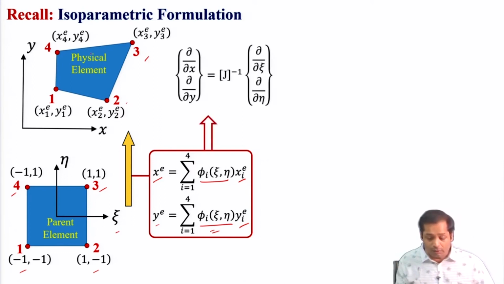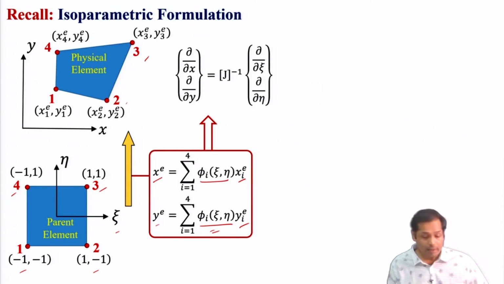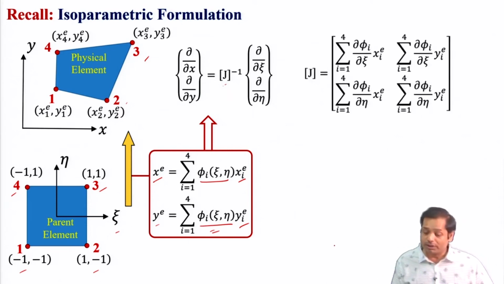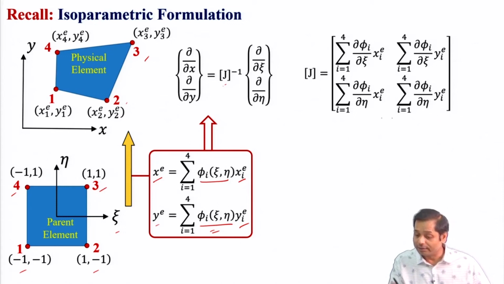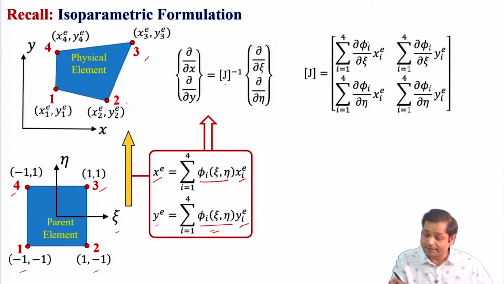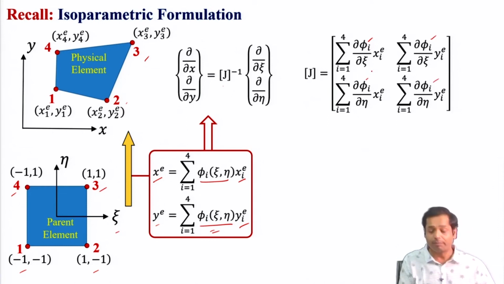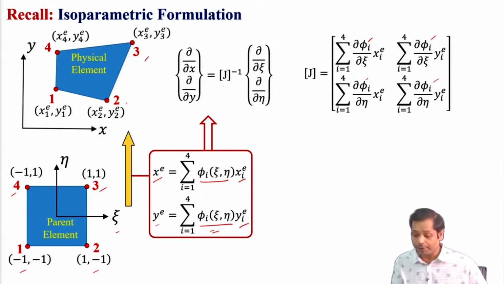So we know this. Now this will directly give us how the derivatives with respect to different coordinate systems are related to each other, right? Where J is the Jacobian, and the Jacobian is written like this. These phi are functions of xi and eta. They are constructed on the parametric domain, the parent element.